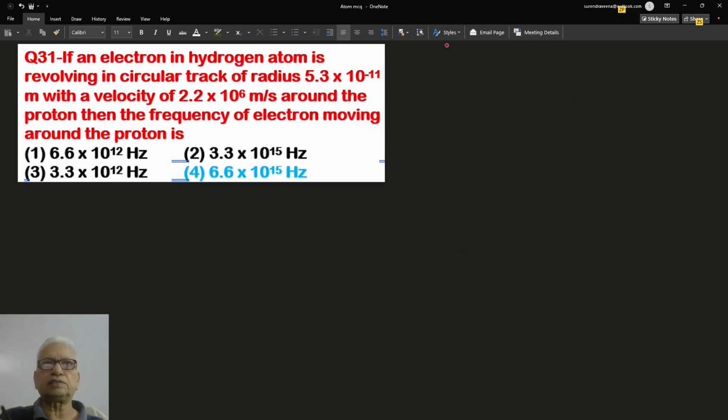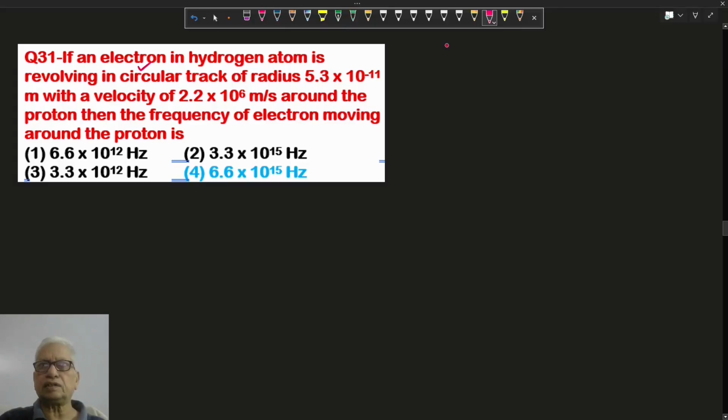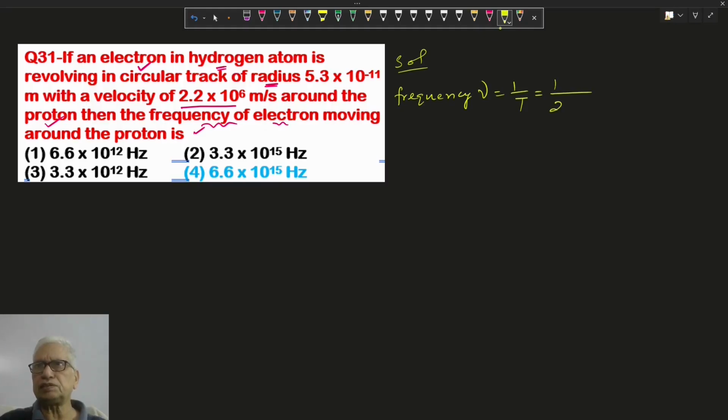In this question, an electron in a hydrogen atom is revolving in a circular track of radius 5.3 into 10 to the minus 11 meter with velocity 2.2 into 10 to the 6 meter per second around the proton. The frequency of the electron moving around the proton is, now we know the frequency is the reciprocal of the time period, and the time period is the distance 2 pi r upon v.